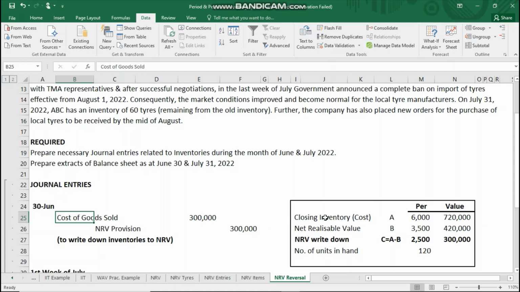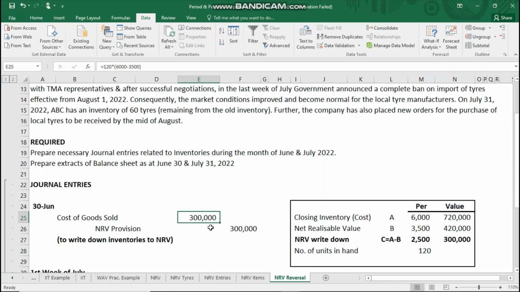And how did I calculate that? The cost of inventory is 6,000 per unit multiplied by the 120 units that were in hand at June 30. It gives me a value of 720,000. The net realizable value is 3,500 per unit multiplied by 120, which gives me 420,000. The difference of these two is my amount of NRV write down, which is 300,000.